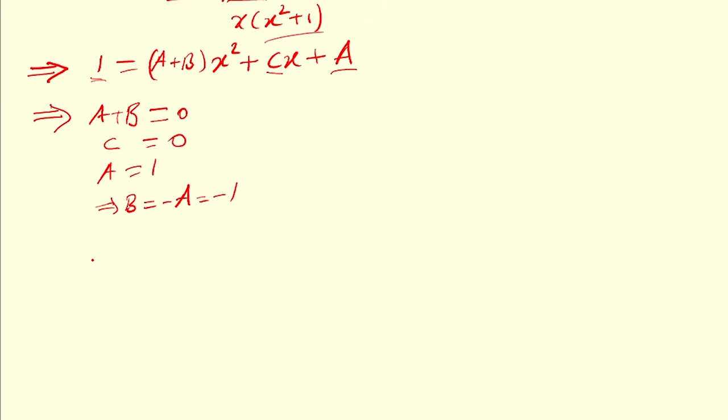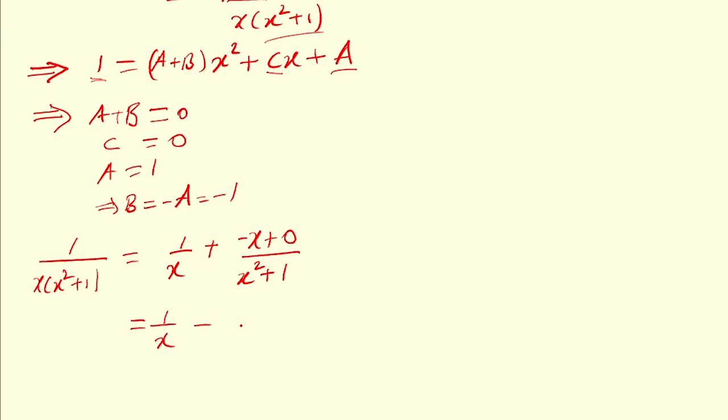Therefore, we have 1 over x times (x squared plus 1) is equal to a, which is 1, over x, plus b, which is minus 1, times x, plus c, which is 0, over x squared plus 1. You see, 1 over x minus x over x squared plus 1.